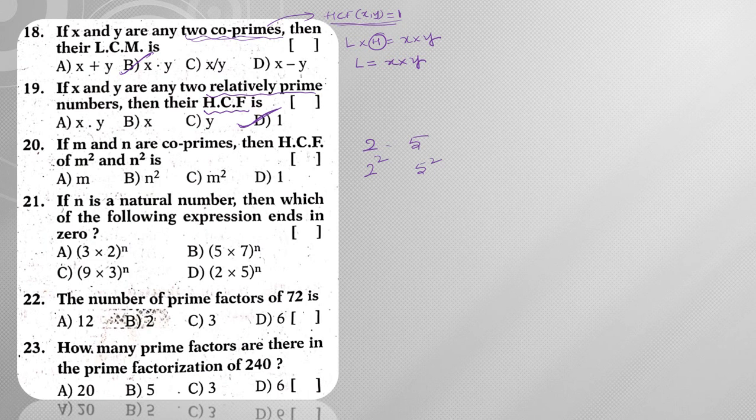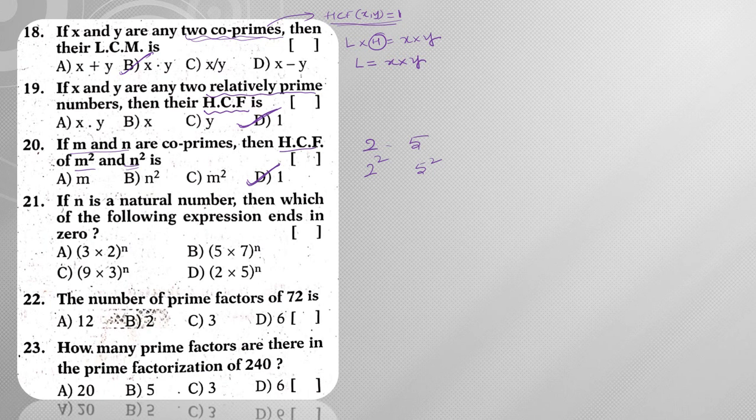The same way their squares also will have the HCF as the square of the HCF, that is nothing but 1 square, which is nothing but equal to 1, right? Understood? So if HCF of m and n is 1, then m square and n square will have the HCF as the HCF square, that is nothing but 1 square, which is nothing but 1.